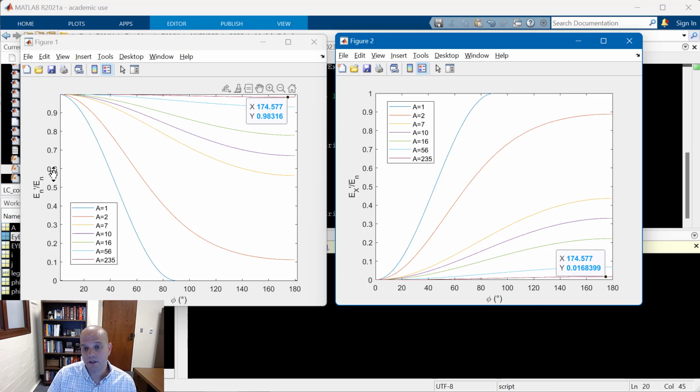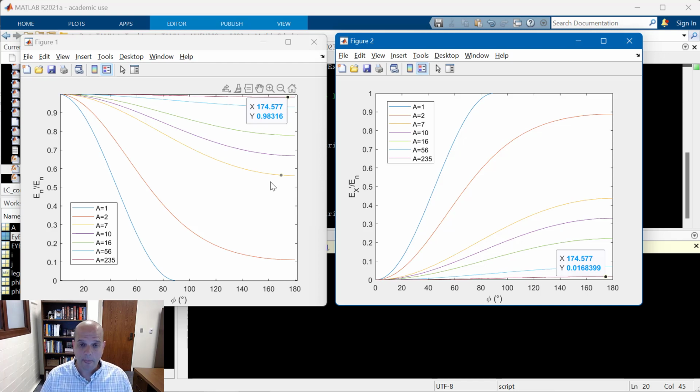And so it's in my best interest to choose targets that have low mass numbers. And you can see here, the best I could ever do is when I have a phi of 180, so 180 in each of these cases, with the exception of a equals 1. We'll talk about that in just a minute. But anything from a equals 2 or higher, the most energy exchange happens when phi is equal to 180 degrees.